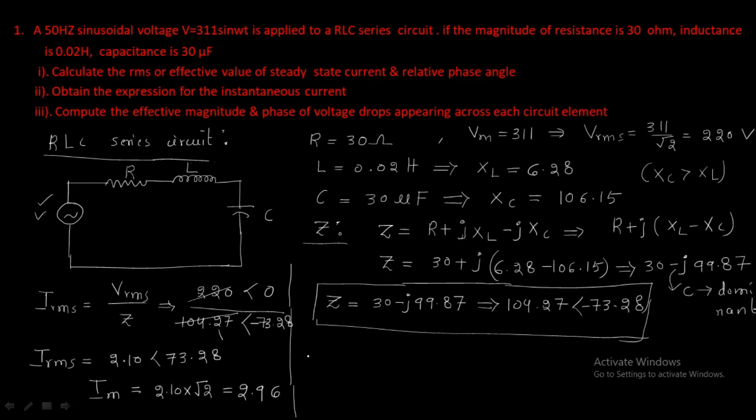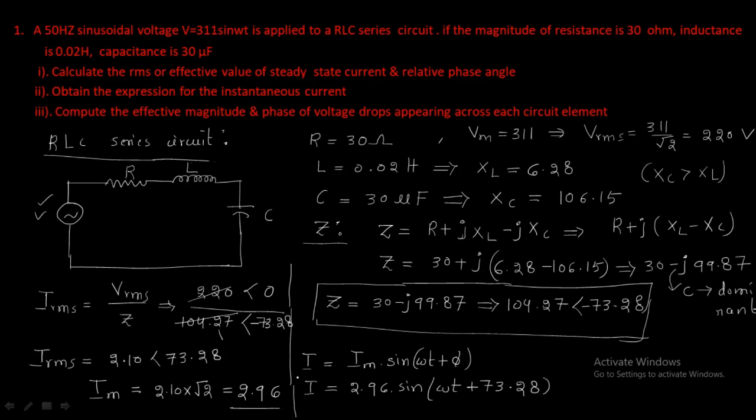Now we can write the instantaneous current. The instantaneous current formula is I equal to Im sin(omega t plus or minus the angle), depending on the situation. So by using that, we simply write I equal to the maximum current 2.96 sin(omega t plus 73.28).